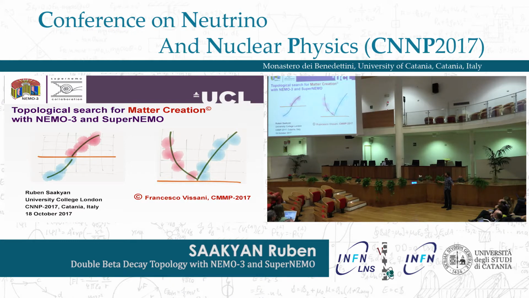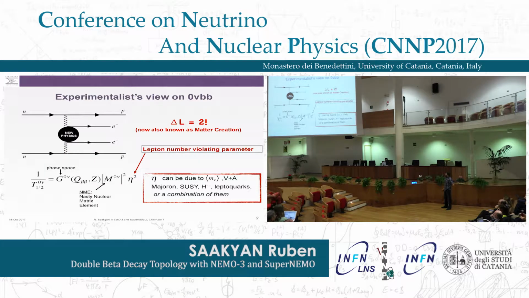Okay, so it actually resonates very well, I think, with my probably rather simplistic view on double beta decay, because to me it's just a lepton number violation generation. And you can plug basically any lepton number violating physics in here, and of course it can be due to the light Majorana neutrino mass, but it can also be due to many other different lepton number violating mechanisms.